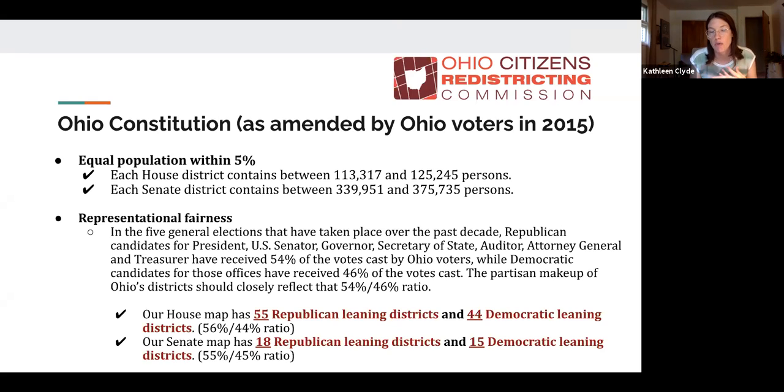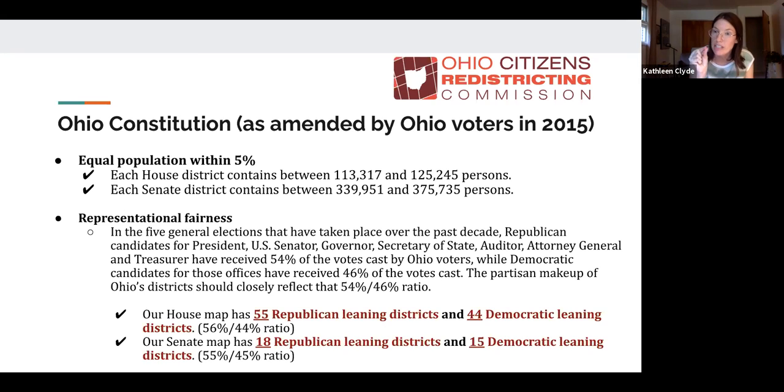And we see that by adding all of those races up, Republican candidates received 54% of the votes cast by Ohio voters, while Democratic candidates received 46% of the votes cast. Therefore, the makeup of Ohio's districts on partisanship should closely reflect that 54%, 46% ratio. Our House map has 55 Republican leaning districts and 44 Democratic leaning districts.